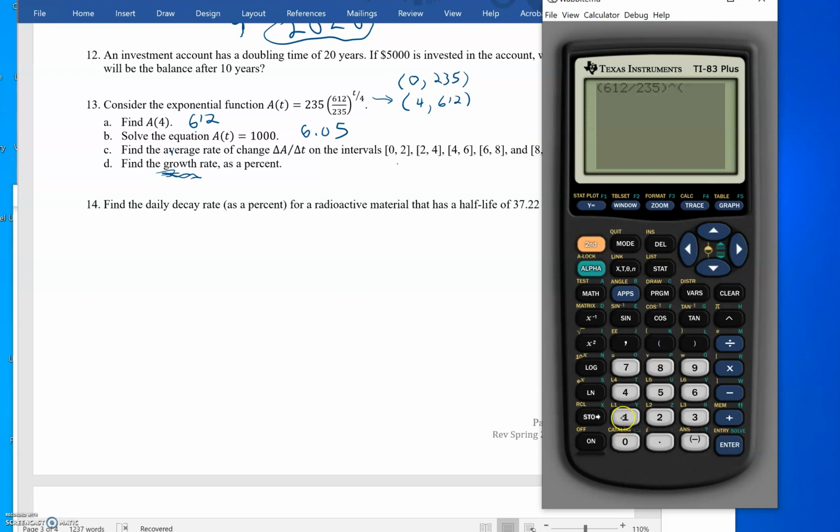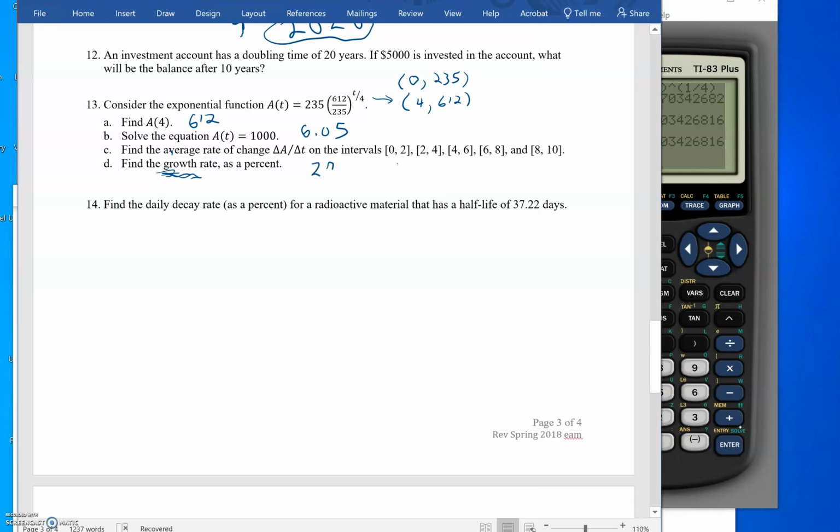But what power is it? It is raised to the 1/4 power. There's no variable there. Pay attention to that. There is no variable. That's my growth factor. And then to get the growth rate, I subtract 1 from this and then put it in percent form. I multiply by 100, so we have 27.03%.